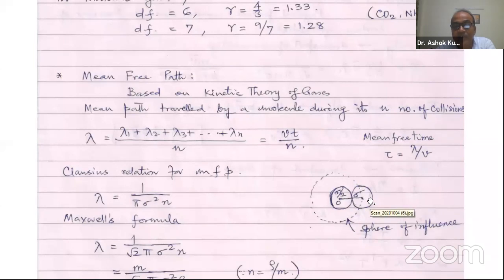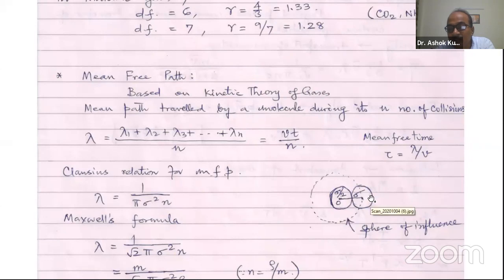Is it clear? Okay, so now we imagine that there is a sphere whose radius is sigma. Any molecule which comes within this radius will collide. If it is beyond this sphere, it is not going to collide with this molecule.